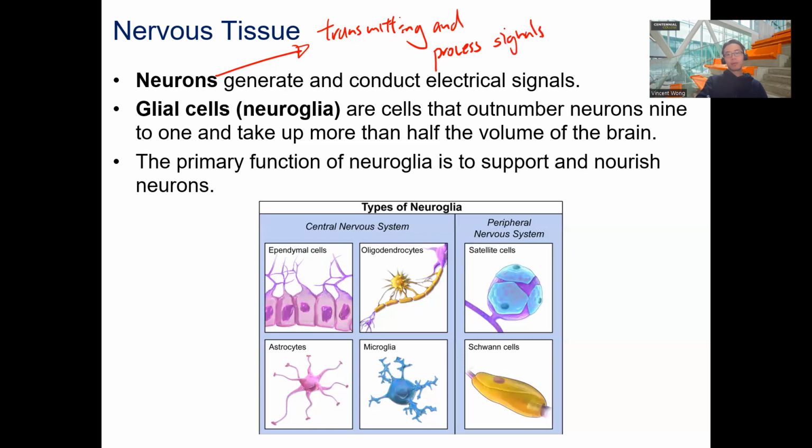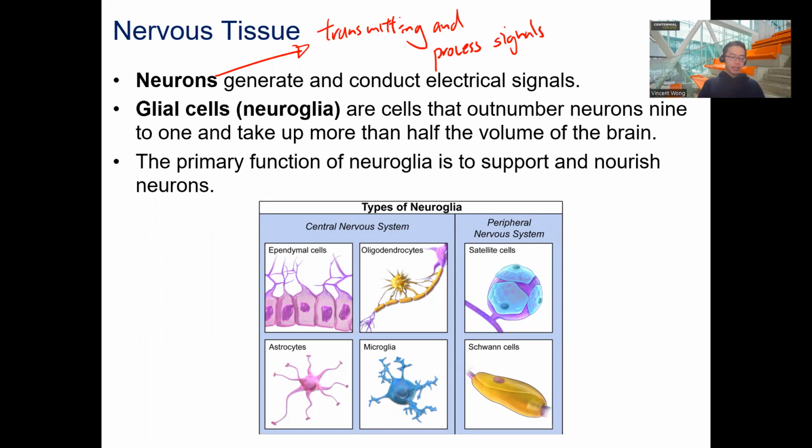We're going to learn more about that later on. I'm going to map out the entire path for you from when you detect a change in the environment and how that change is being processed by your brain or sometimes by your spinal cord. And then we're going to have an appropriate action towards that change.